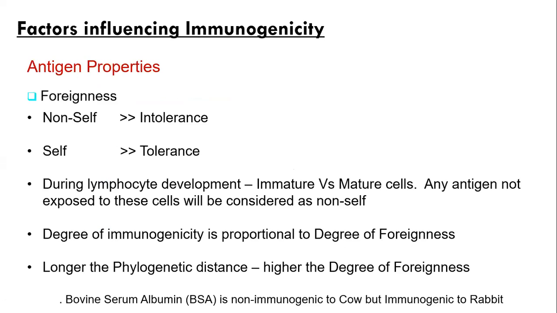So coming on to foreignness. Foreignness means a non-self molecule. Let's say an example: the immune system, or the body itself, is tolerant to a self molecule. Take snake venom. It produces toxins, and the snake has this toxin roaming all around its body, but it is not toxic to the snake because it is a self molecule.